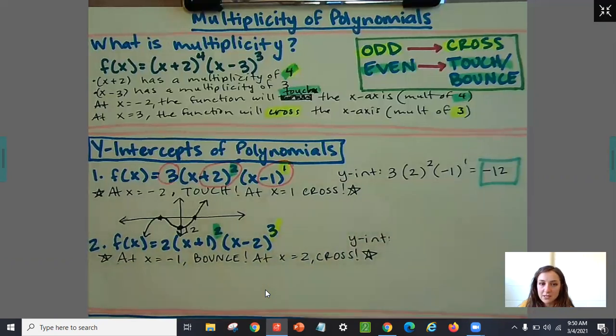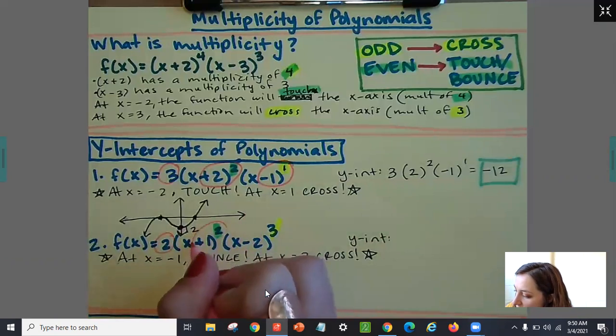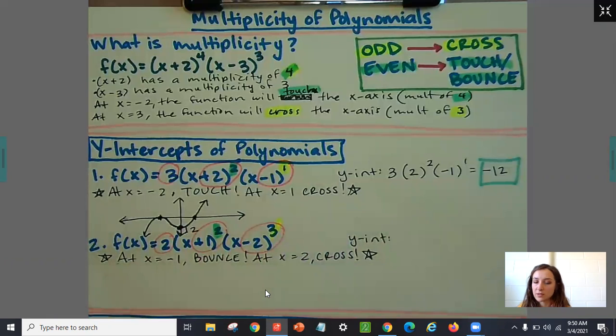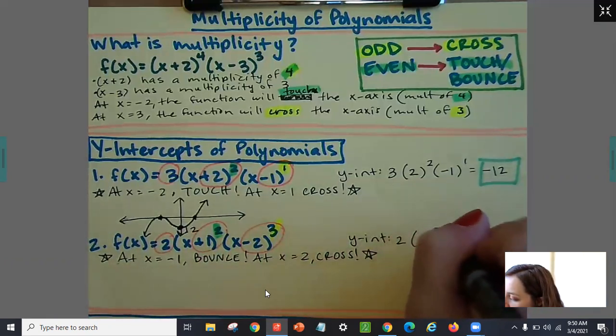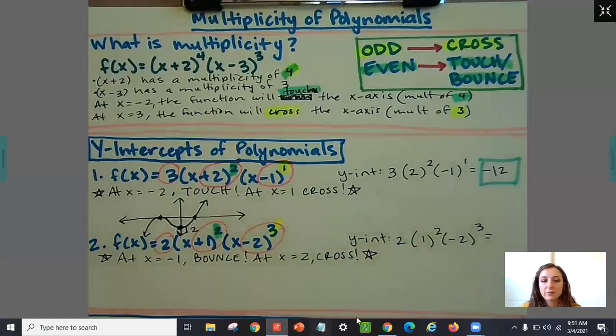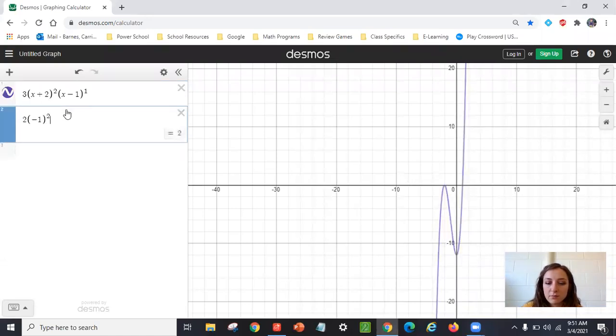And the y-intercept, again, is just going to be all the numbers that you see. 2 times 1 squared times -2 to the third. Again, of course, we could do this in our head if we wanted to, but let's just go type it into Desmos. 2 times 1 squared times -2 to the third.